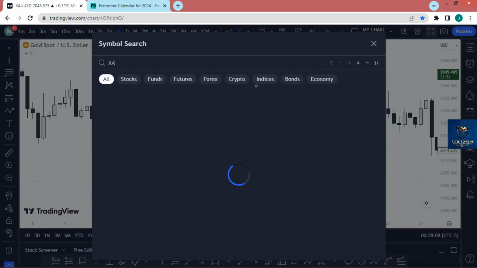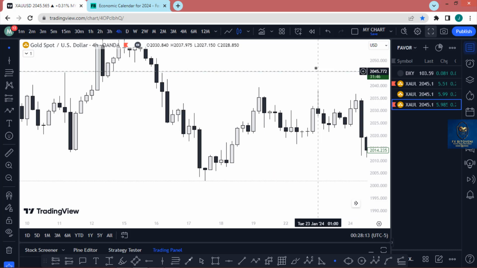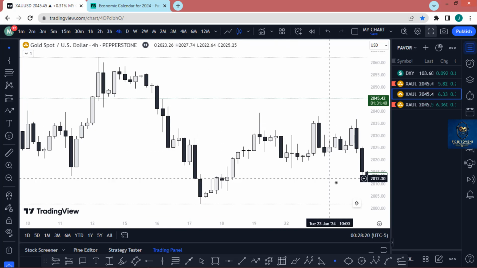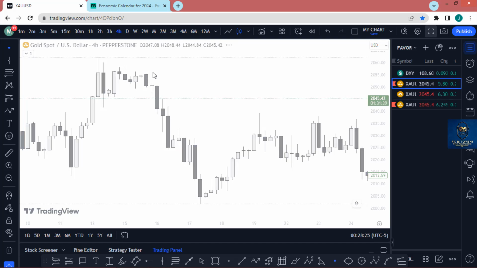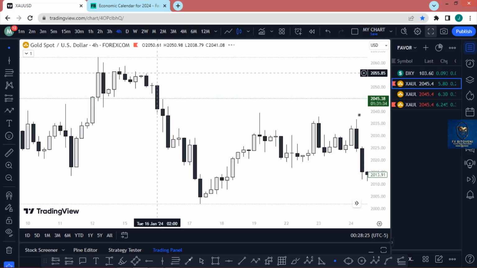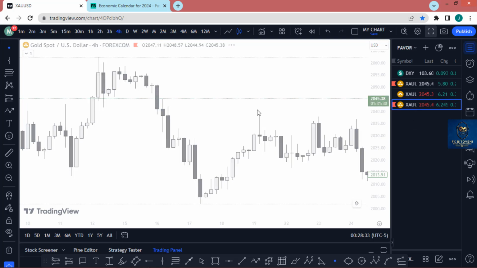If you look at my chart on TradingView, I have different brokers. I have Pepperstone. As you can see, I have forex.com. I also have, what?